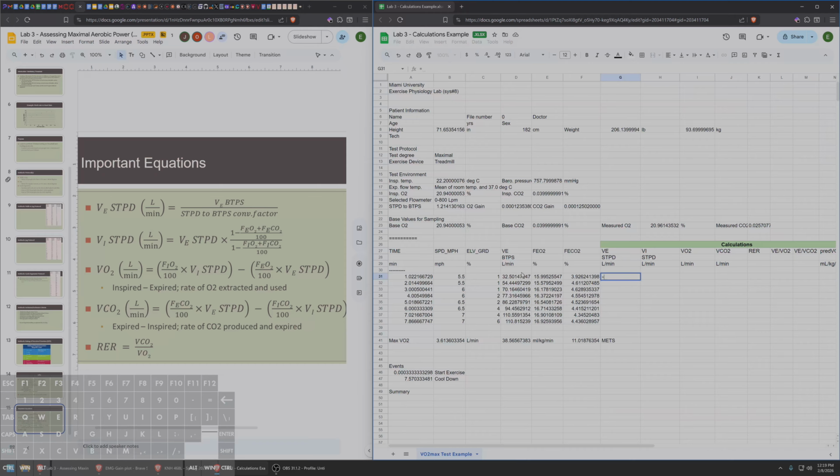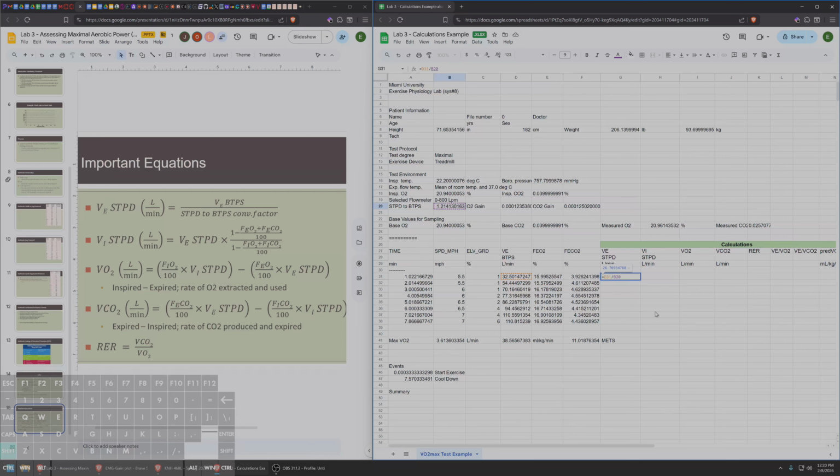If you're not familiar with doing functions in Excel, anytime we're going to perform a calculation, we're going to do equals as our first step. So equals, we'll point to this cell and divide it by standard temperature, pressure, dry. Point to that cell. Now, it's showing me what it's going to be. Before I hit enter and accept this, I'm going to go to where this B20 points to standard temperature, pressure, dry.